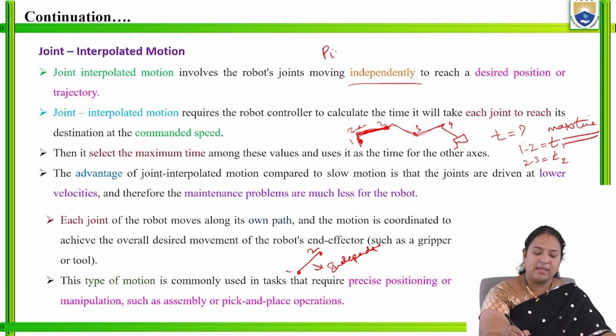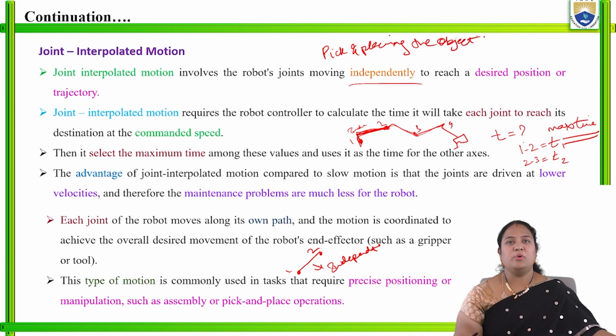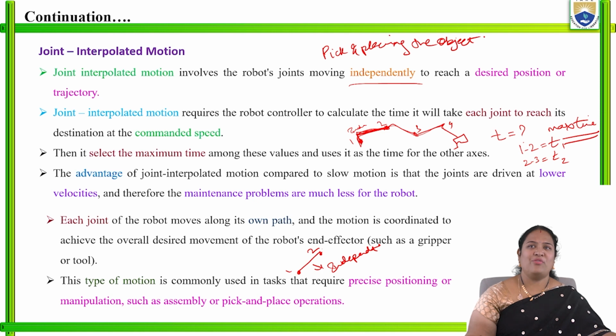One is picking and placing the objects, from one place to the other, or it also can take tasks such as precise positioning or precise manipulation. Clear?